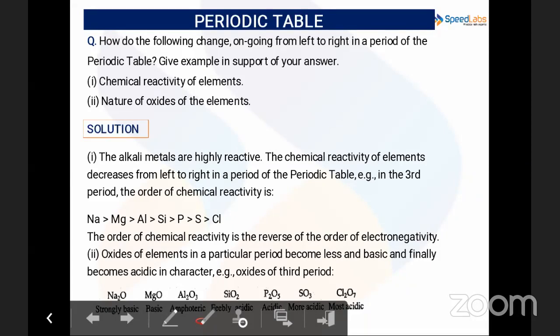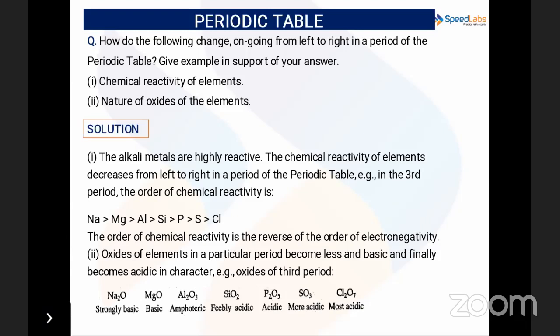As we move from left to right in the periodic table, the reactivity decreases. So this order of chemical reactivity is the reverse of the order of electronegativity. Why? Because the electronegativity of these elements increases from left to right in the period. So chemical reactivity decreases and electronegativity increases from left to right.